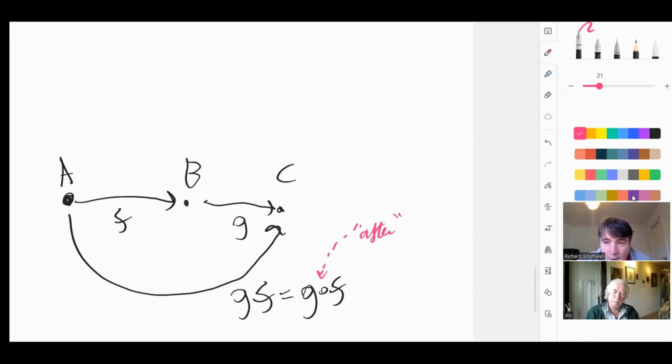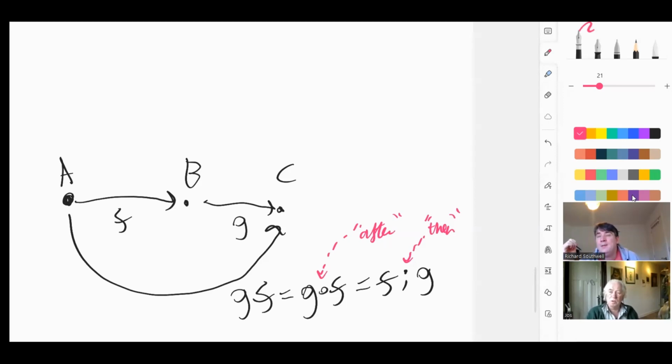But another notation that is becoming more popular these days is this, which you could read as F and then G. So you could read this as like then. That's a very nice notation.